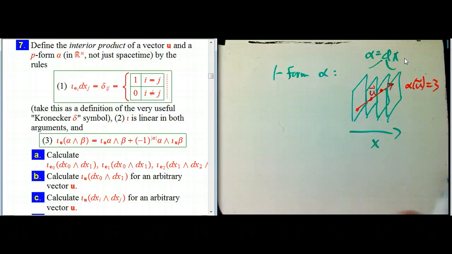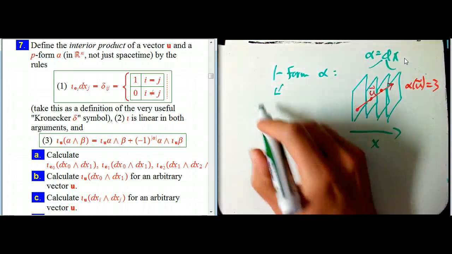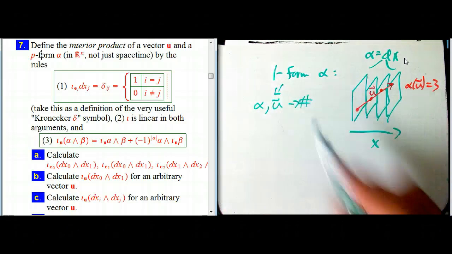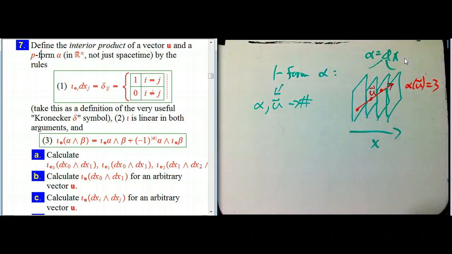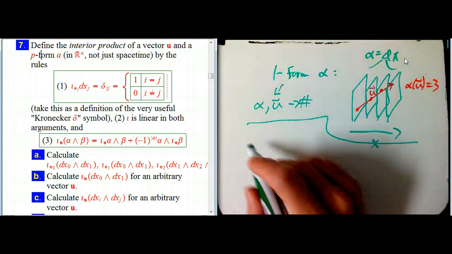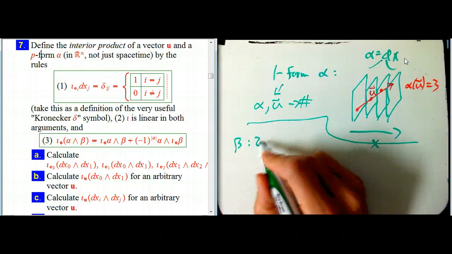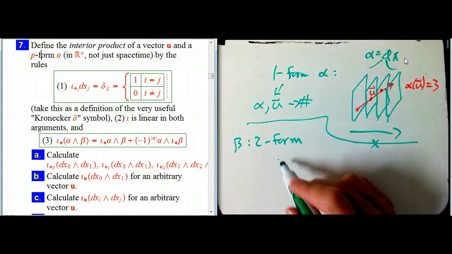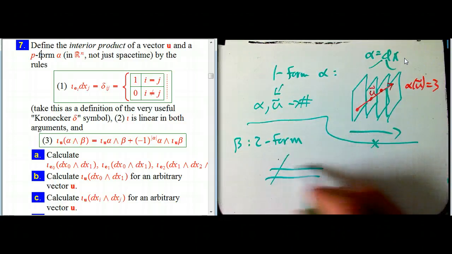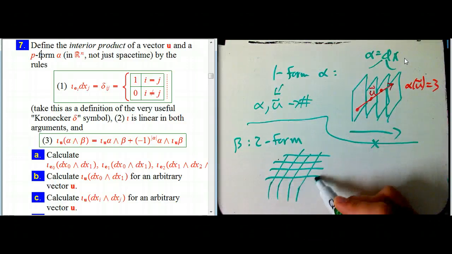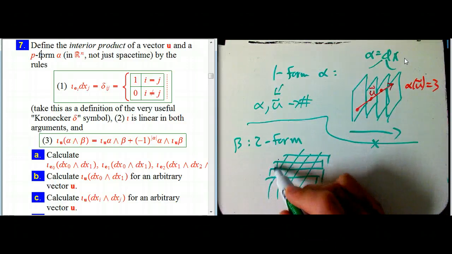And so we already know that alpha and u pair together to get a number. Well, let me remind you of one other thing. If beta is a 2-form, then that's like a honeycomb structure, you can think of it as made out of 2 of these guys.